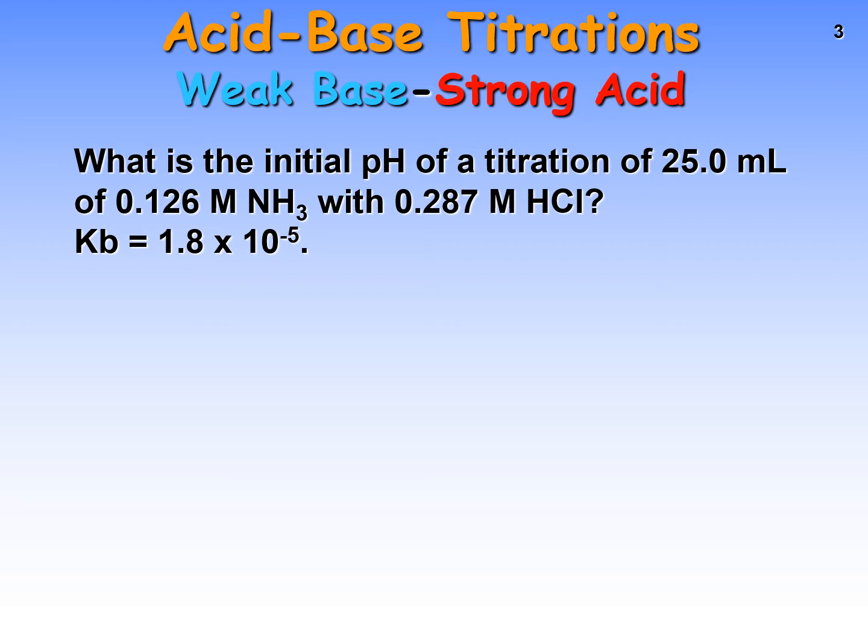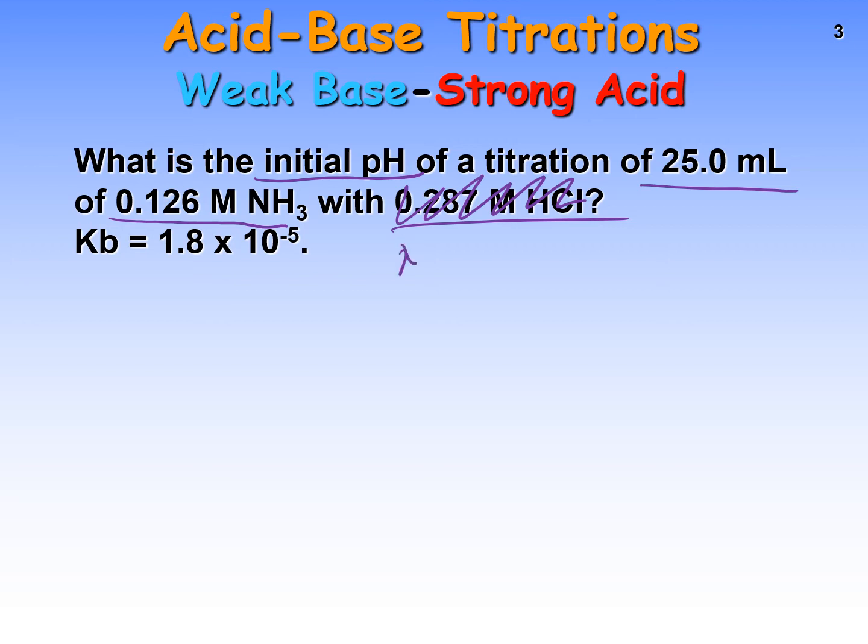What is the initial pH for a titration of 25.0 milliliters of 0.126 molar ammonia, a weak base, with 0.287 molar HCl? Technically, we really don't care about the HCl because it's the initial pH, meaning we haven't added any HCl yet.